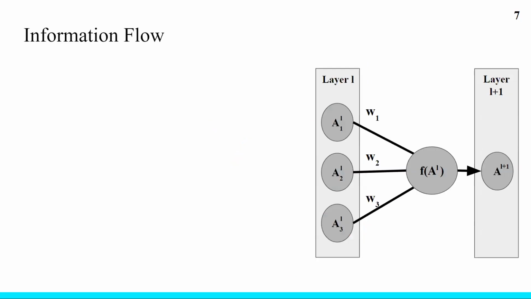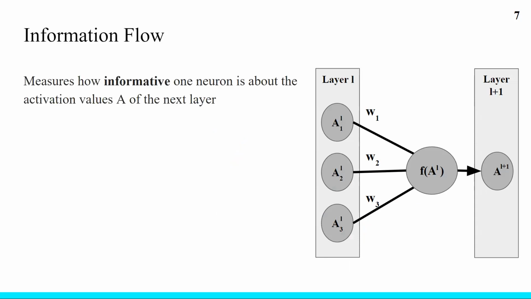So returning back to the concept of these connections in the network, I want to use that to illustrate to you the idea of information flow, the tool that we're using in this work. So say we have this layer where we have multiple weights or connections between pairs of neurons in each layer.